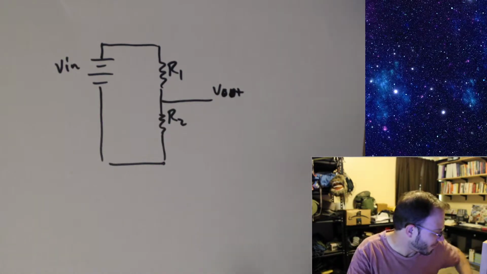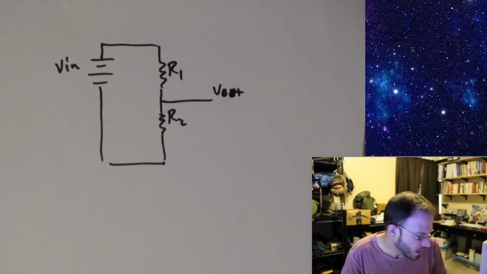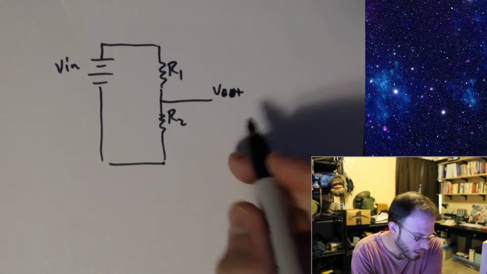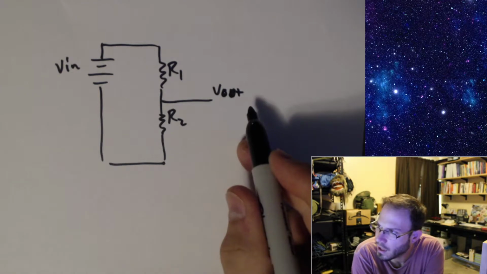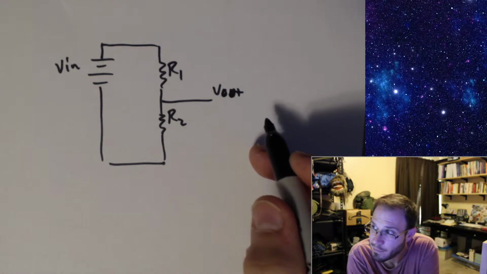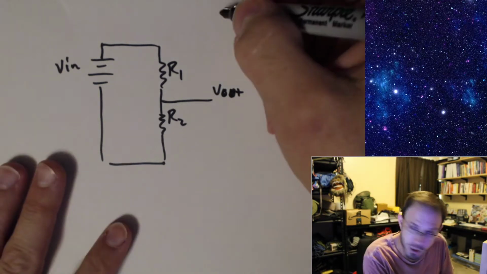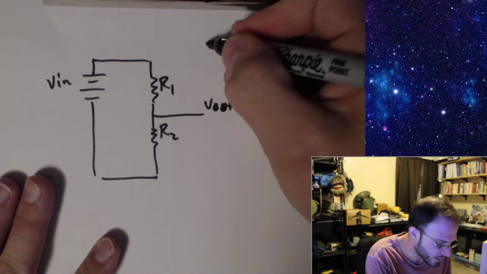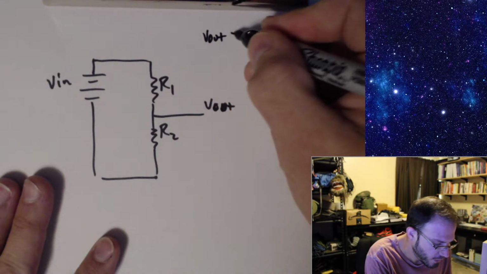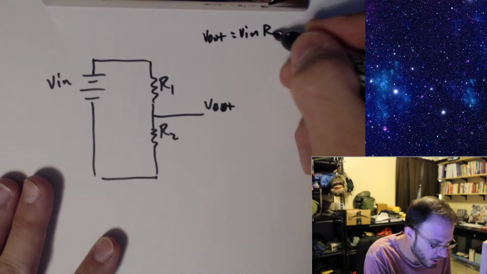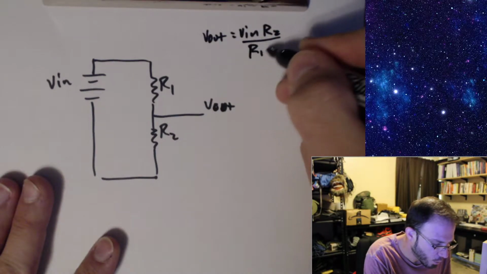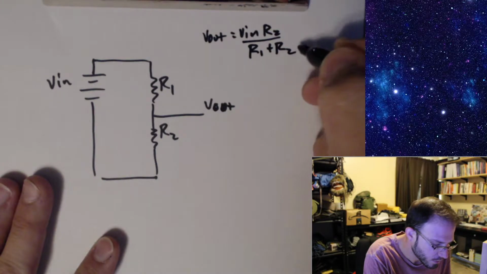Okay. So can we come up with that equation that we saw where V out is equal to V in times R2? Just for reference, we're trying to find this: V out is equal to V in times R2 divided by R1 plus R2.